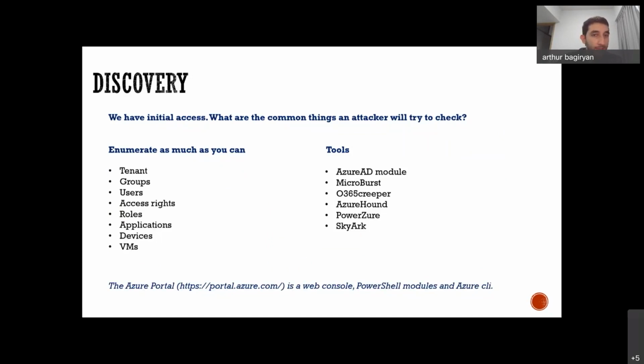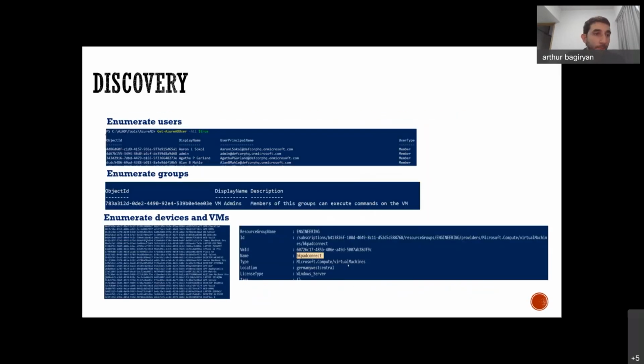This is only a few things that you might look at. On the right side, I also list a couple of tools that can be used to enumerate these services. And all this information can be found via the Azure portal, or you can use some PowerShell module or Azure CLI. These are some examples of how you can enumerate users, groups, VMs from PowerShell.